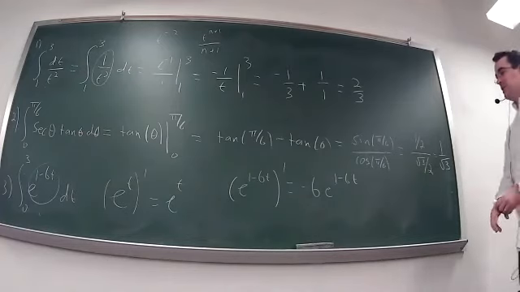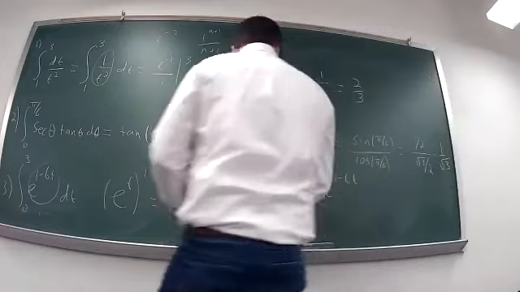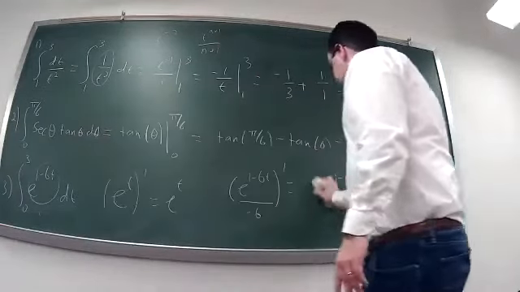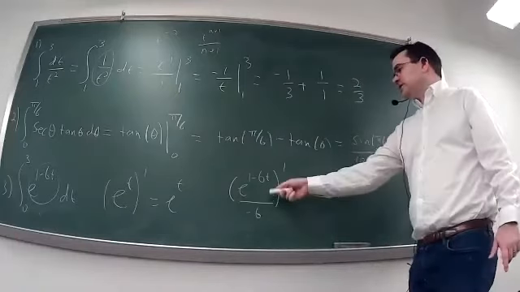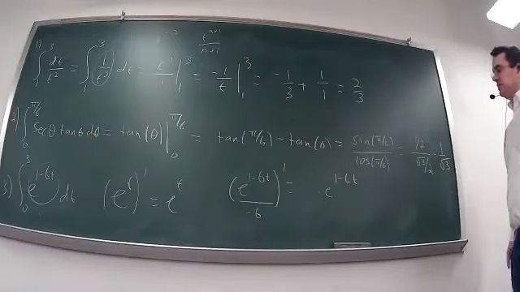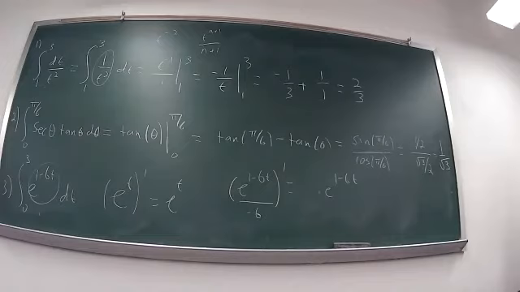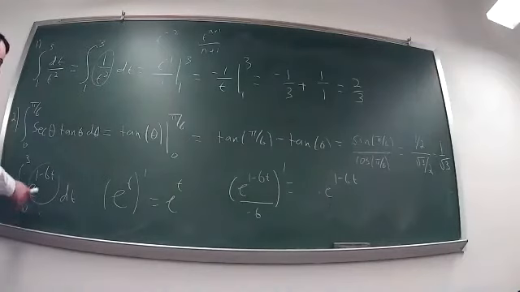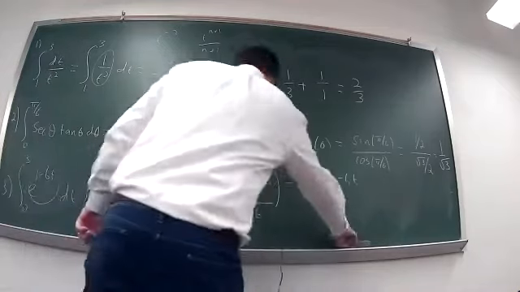Solves the problem for me because if you just divide by negative 6, then you'll get a function whose derivative is equal to e to the 1 minus 6t. So the takeaway message there is that the thing that's multiplying t, if you divide by that, that will give you the antiderivative.